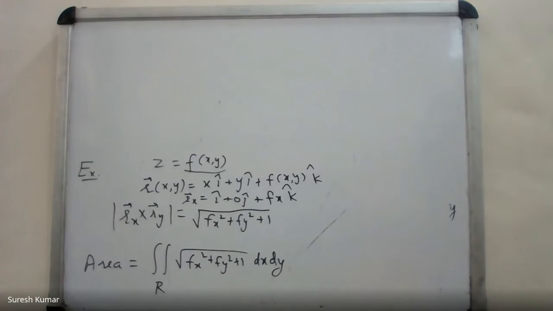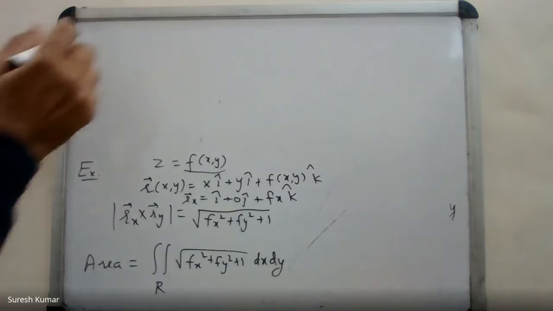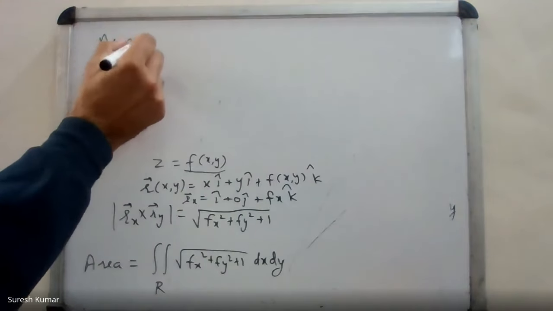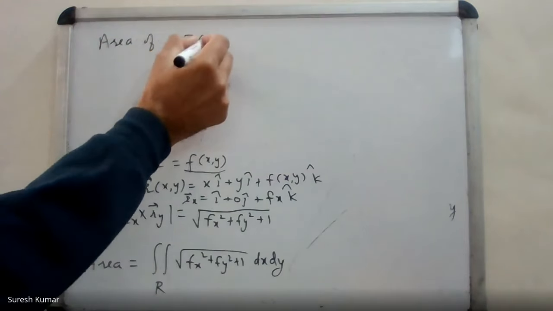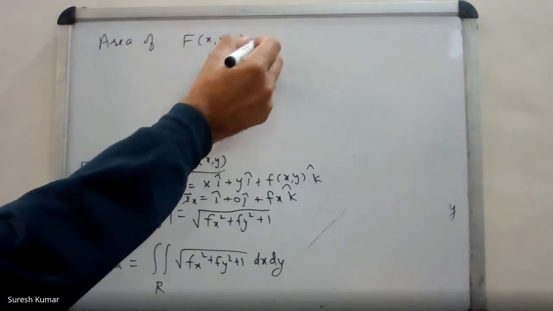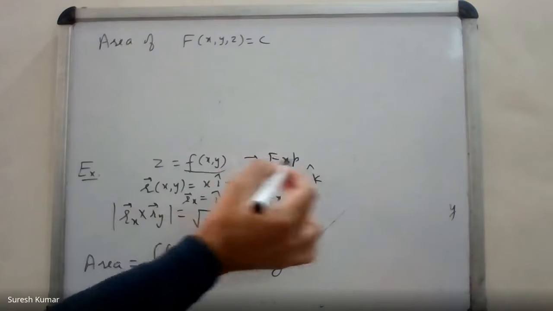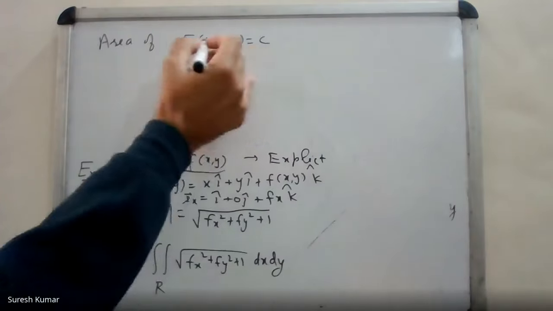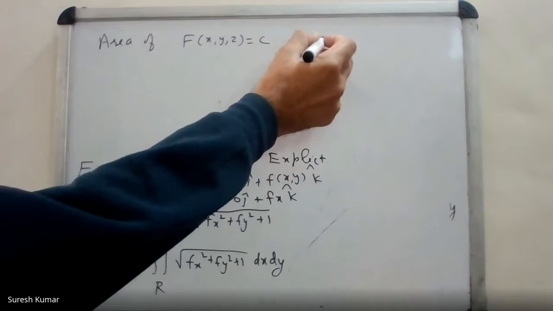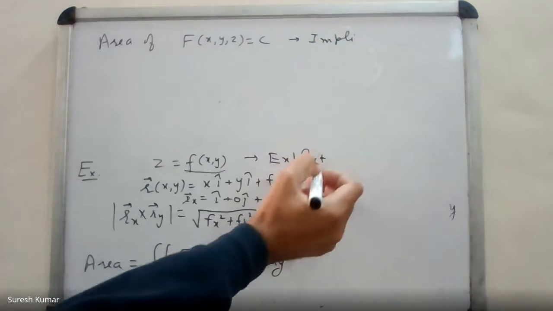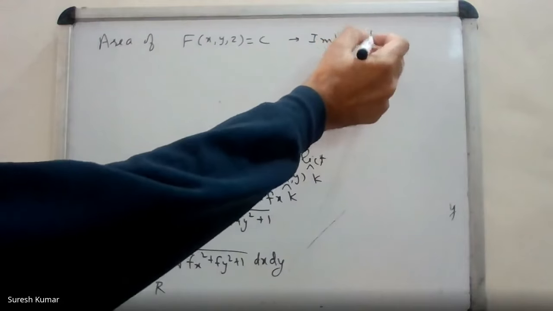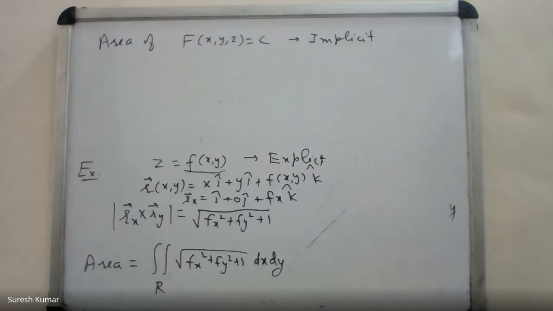Here itself, I want to explain to you one more thing. That is, area of the surface given in implicit form, say f(x,y,z) equal to constant. This is the explicit form: z is given in terms of x, y, but here x, y, z are mixed, so it is implicit form. So there is a formula that can be derived.